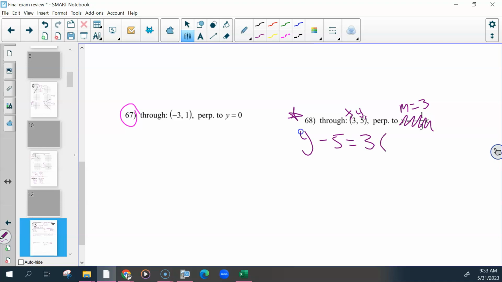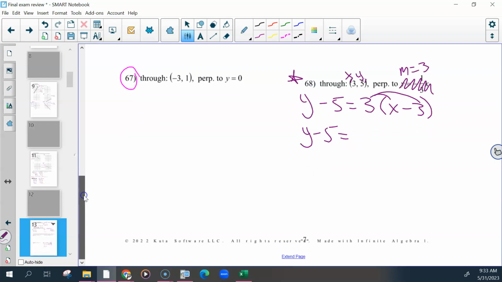Equals 3 times x minus 3. And then our goal is to get it back in slope-intercept form. So we're going to distribute. What would we get when we distribute?